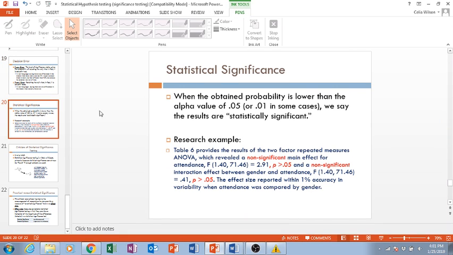So when the obtained probability is lower than the alpha value of 0.05, we say the results are statistically significant. Now, in some cases, they'll lower that cutoff value or that comparison value, that critical value. It has a million names, I'm sorry, to 0.01. And that just means they want to be even more sure of their conclusion, whatever it is.